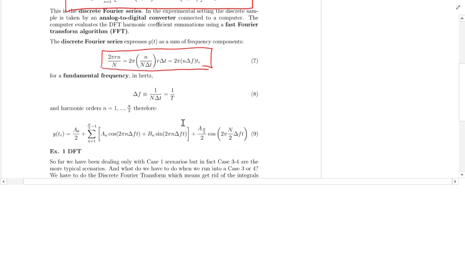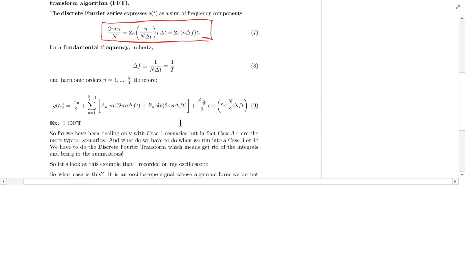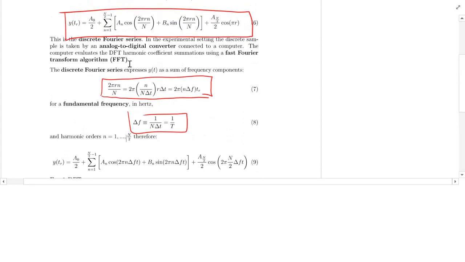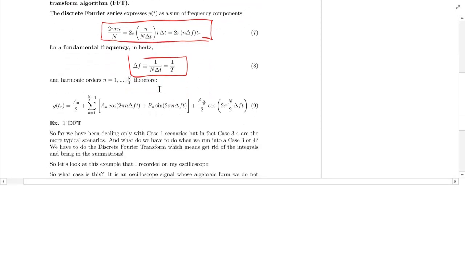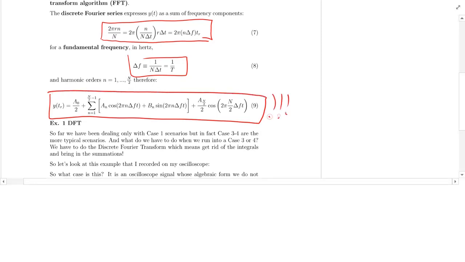So if you follow along the math here, this is the same math we've introduced previously, we could rewrite this expression above in terms of delta f. So that's all this is, just rearranging some values here. So nothing too crazy, but this is how we want to write our Fourier series.